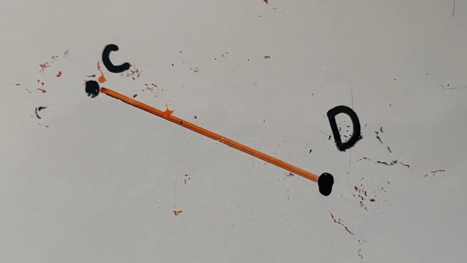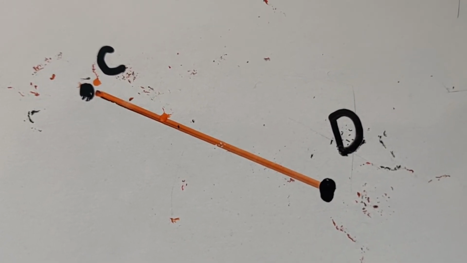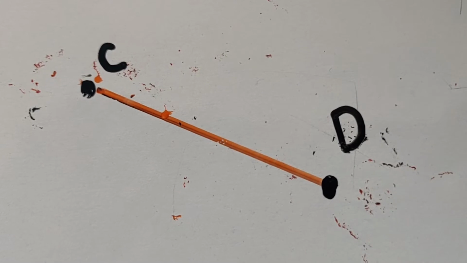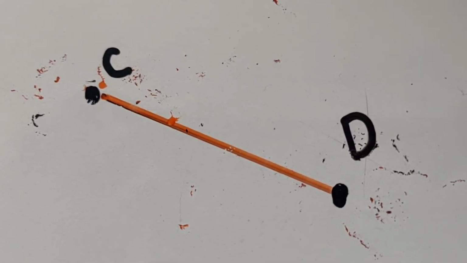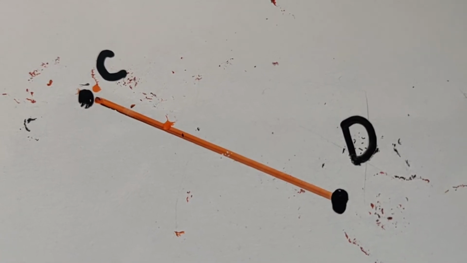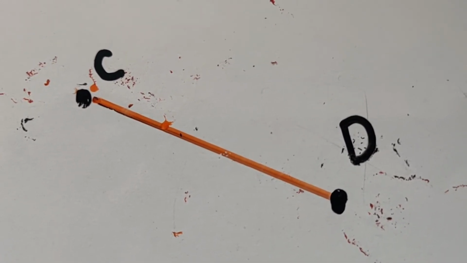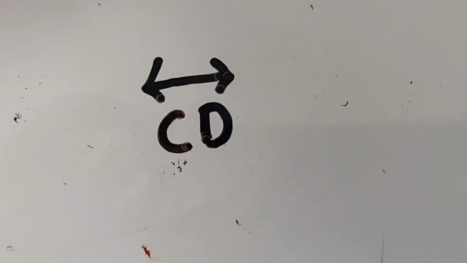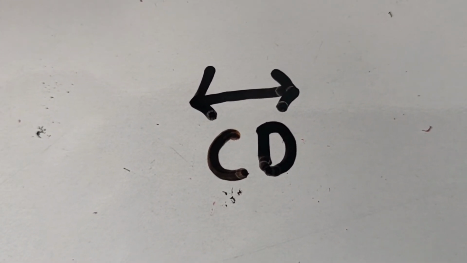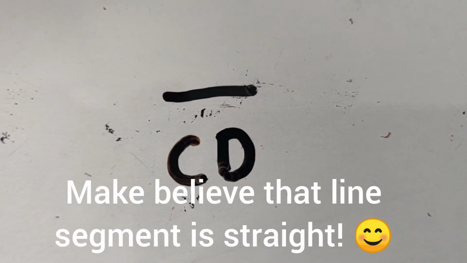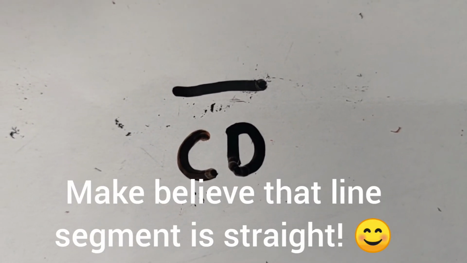Now, if this had just been a line segment, starting at point C and ending at point D, then we would just name it line segment CD. And instead of having the little line above the CD, we could just write a line segment, or part of a line, above CD.